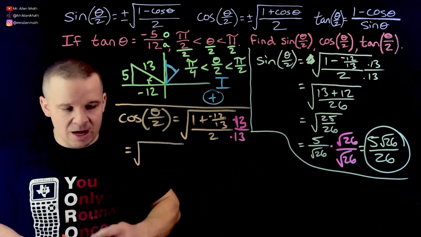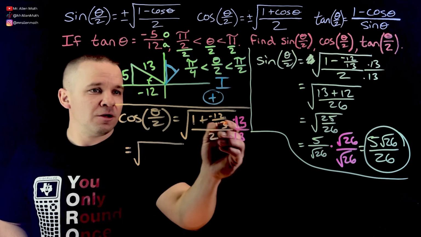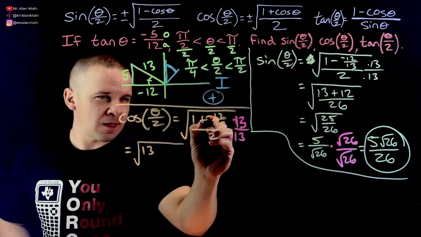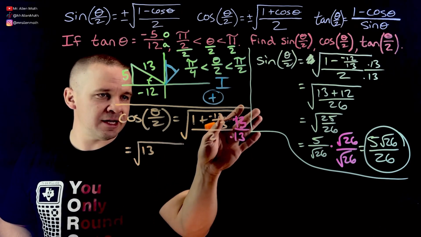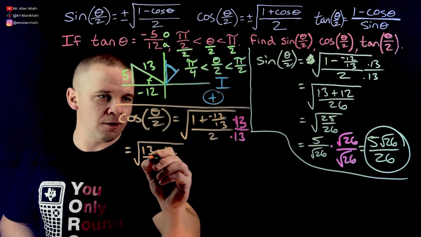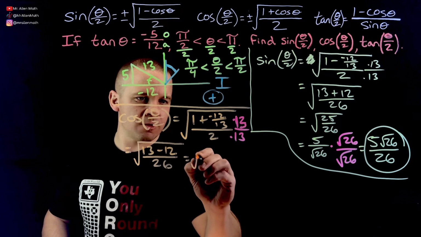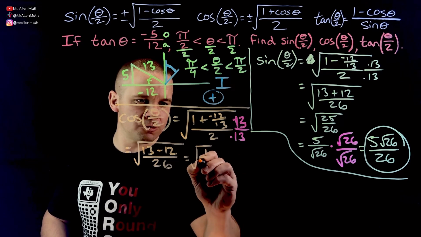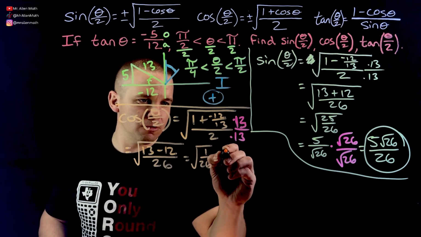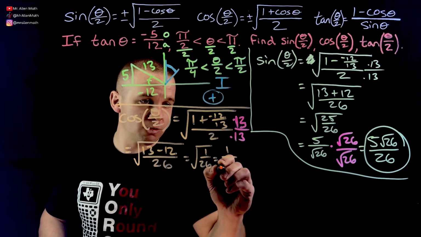That's going to give me 13 times 1 is 13. Then the 13 and the 13 cancel, so minus 12 over 26 equals 1. So we have the square root of 1 over 26, which is equal to 1 over square root of 26.